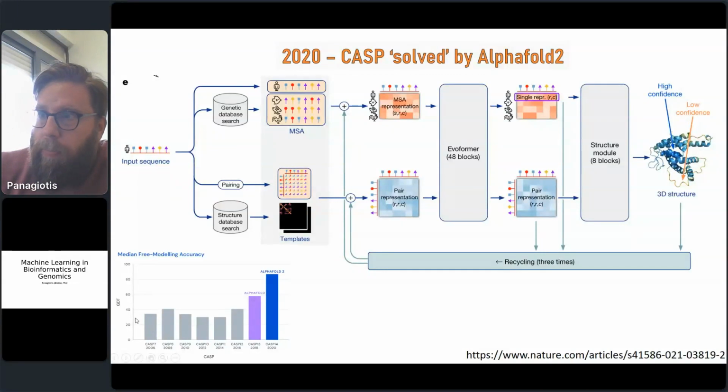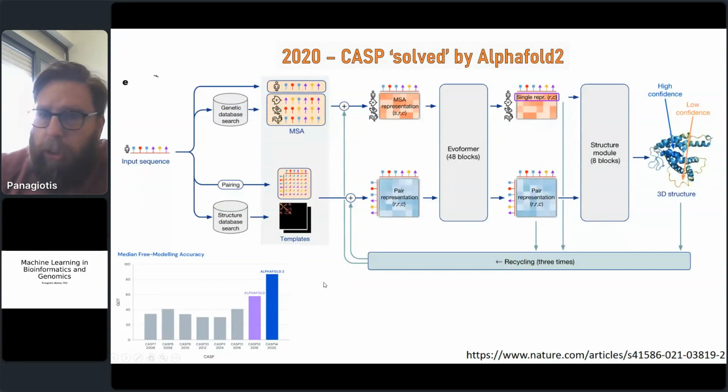For many years, it was around 30 to 40, depending every year on the proteins. And then you see within 4 years, AlphaFold and then AlphaFold 2 just went through the roof. Over 80, I believe, is considered as good as it gets when it comes to accuracy.